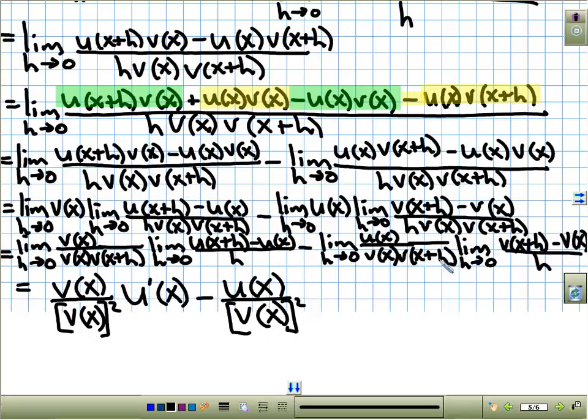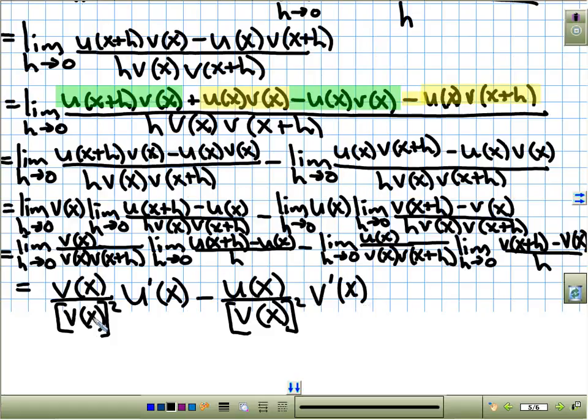Now, here we have the limit as h goes to 0 of v of x plus h minus v of x over h. That, by definition, is the derivative of v. Now, look what we have here. We have a common denominator of v of x squared.